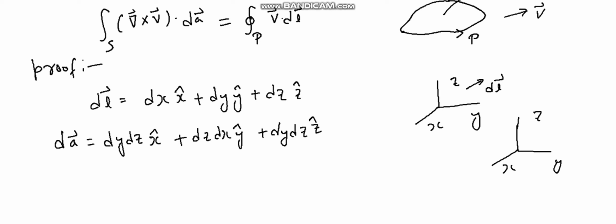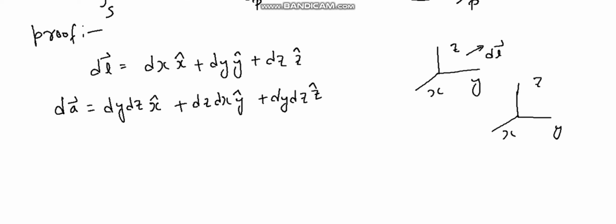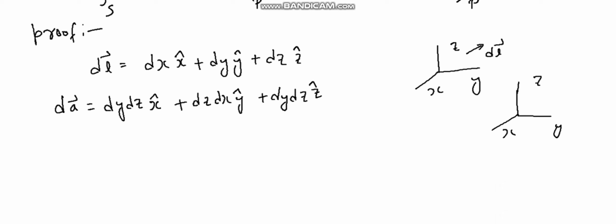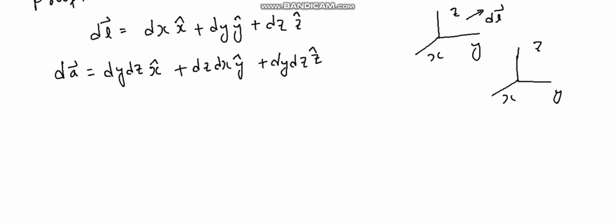So a line can be broken down into three components. Similarly, area can also be broken down into three components along the x, y and z coordinates.